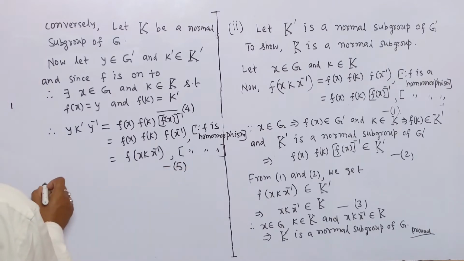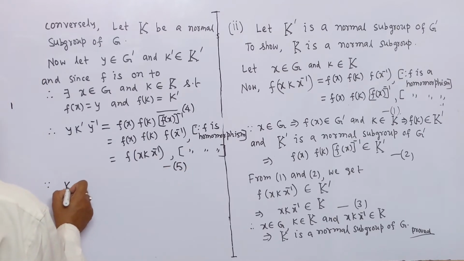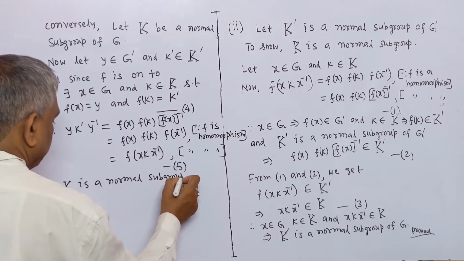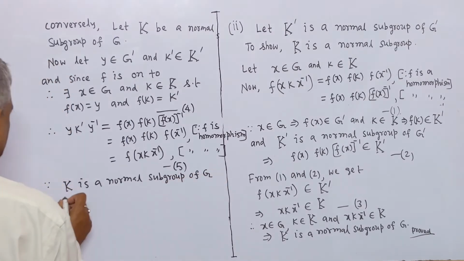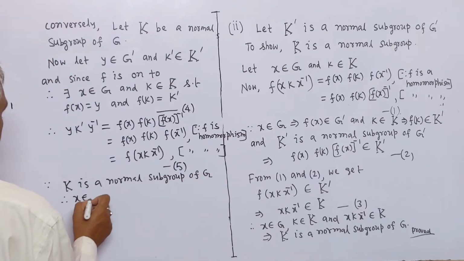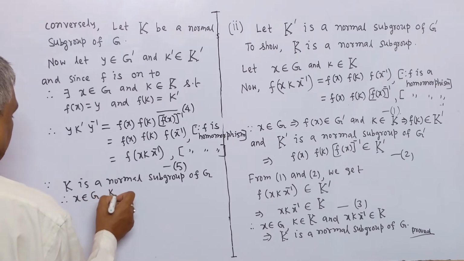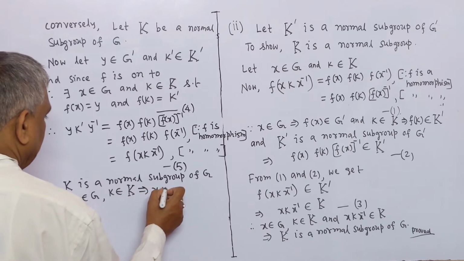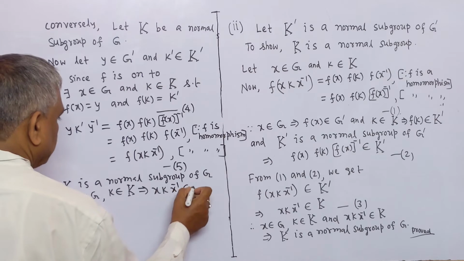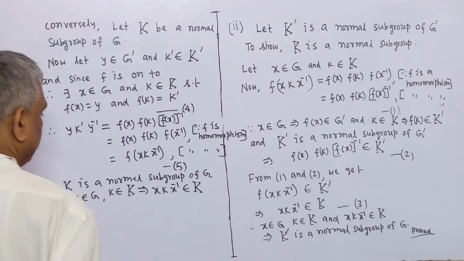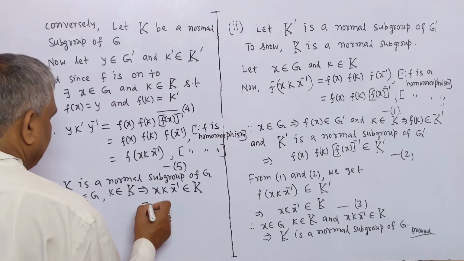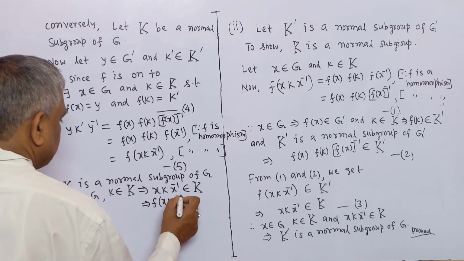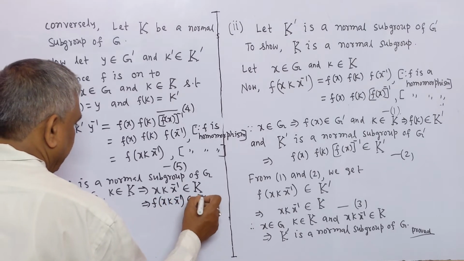Since K is a normal subgroup of G, therefore x belongs to G, k belongs to capital K, implies that x k x inverse belongs to subgroup K, normal subgroup. Implies that f(x k x inverse) belongs to K'.